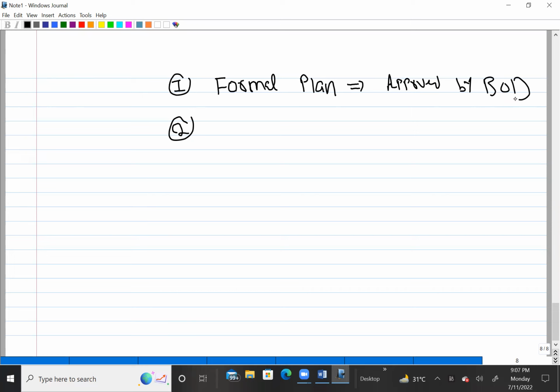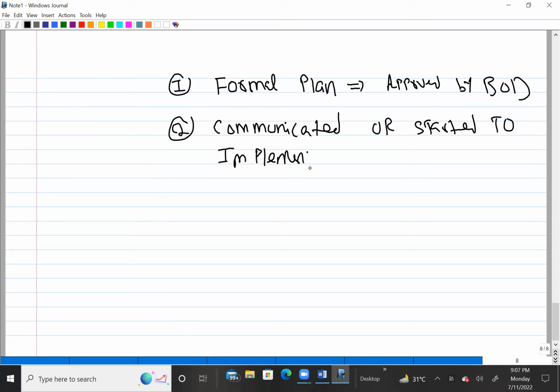And number two, that plan has been communicated or started to be implemented before the year end, before the financial year end.